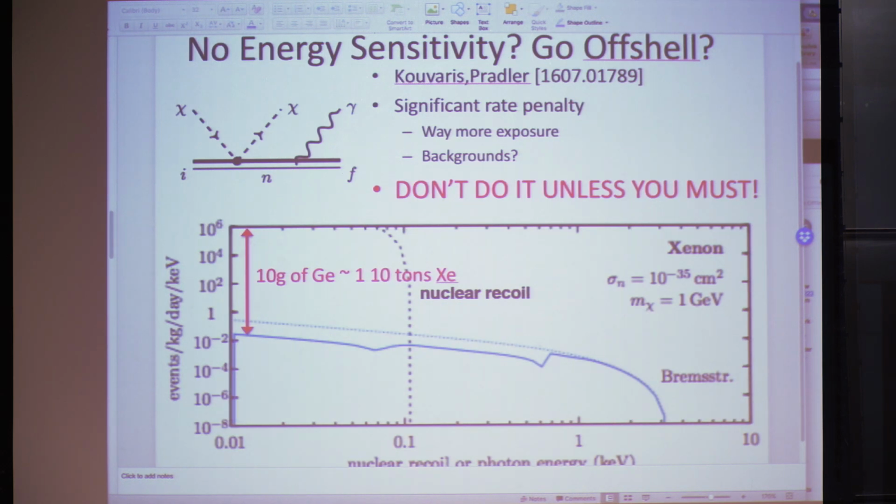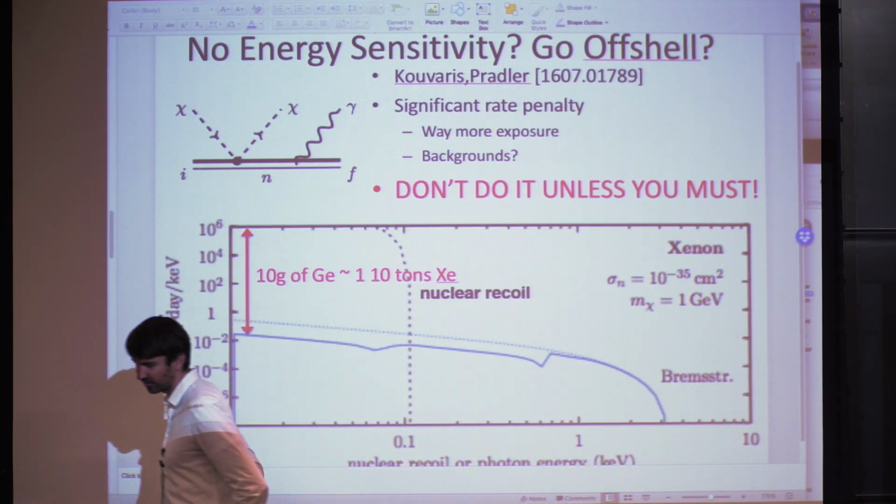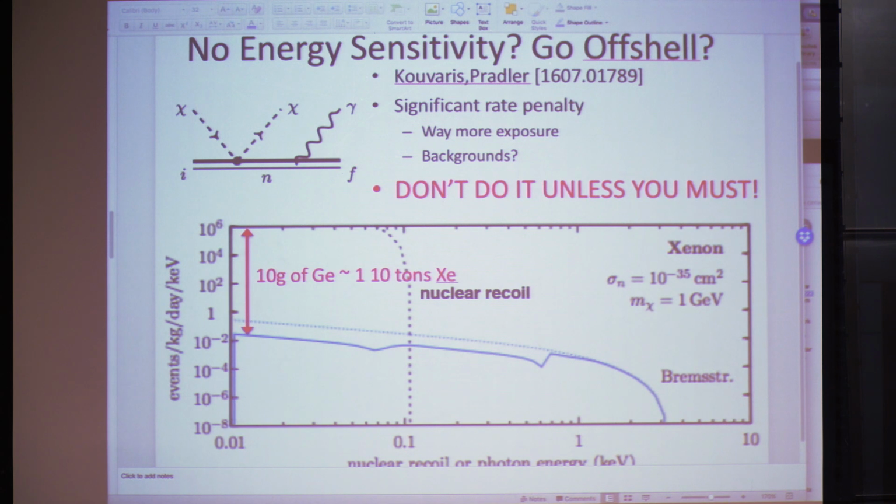So I want to talk a little bit about this idea that so far all the design drivers were based upon elastic nuclear recoil scatters. And the question is, why hold yourself just to simple elastic nuclear recoils? Why not go off shell? Why not make the interaction more complex? So here's a paper that actually talks about this.